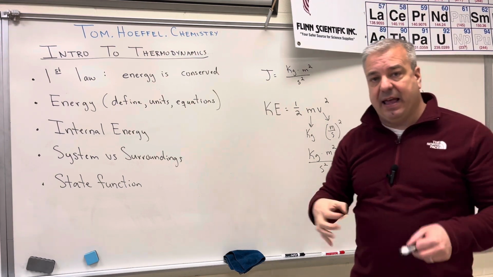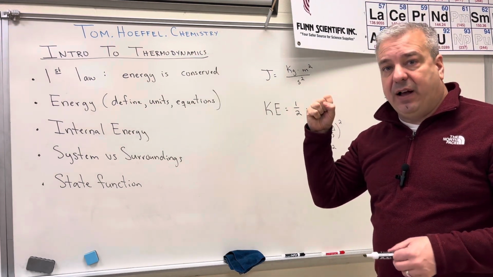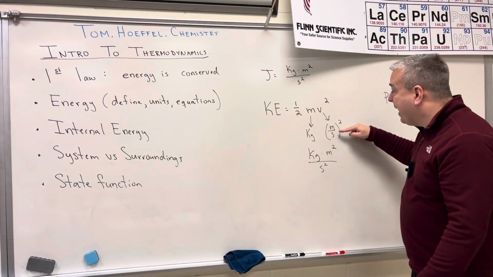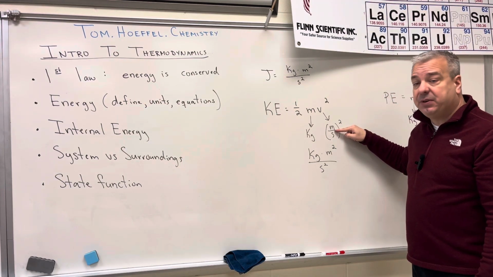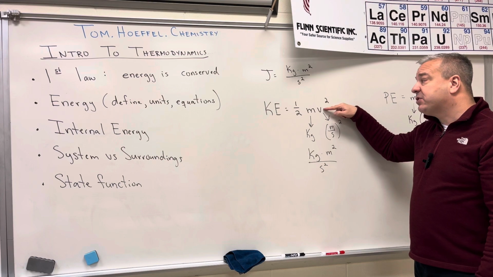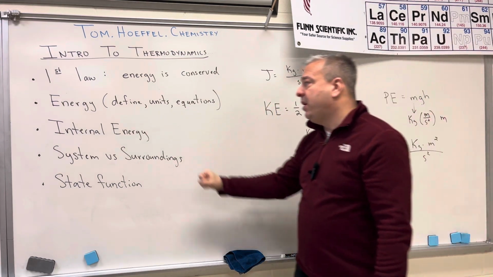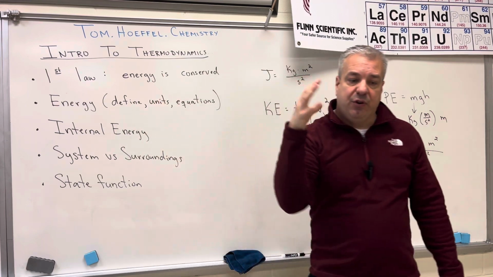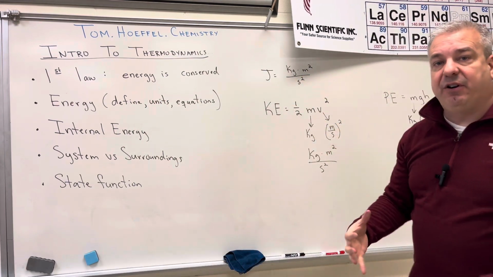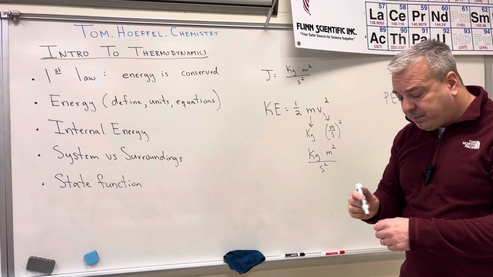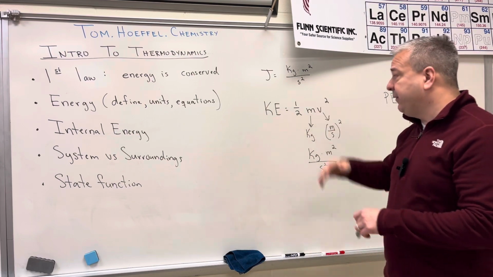If I gave you a kinetic energy problem and the velocity was in miles per hour, you would have to convert that over to meters per second, because miles per hour squared is not part of the unit of a joule. So you've got to be really careful with your units when we're trying to figure out how much energy is present in these different situations.